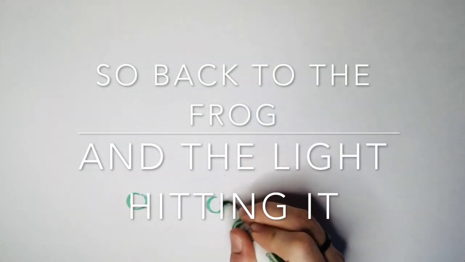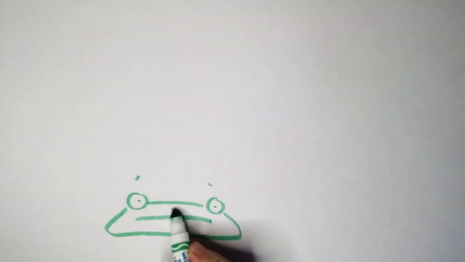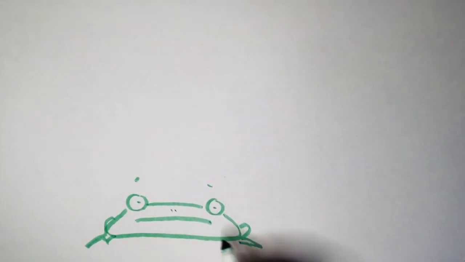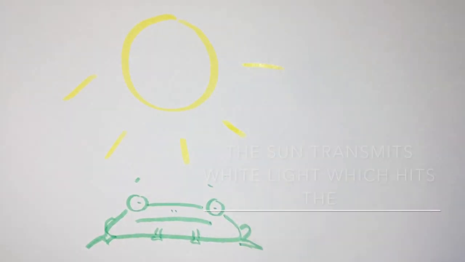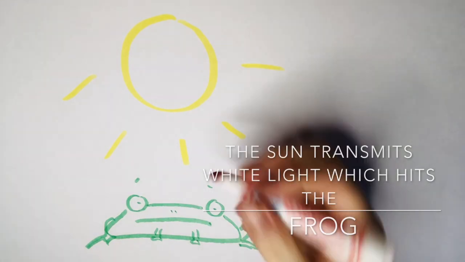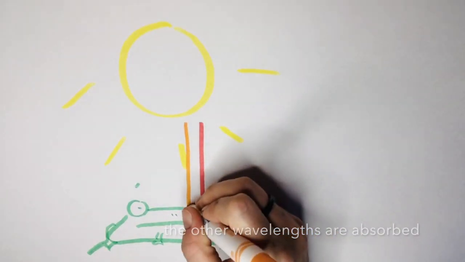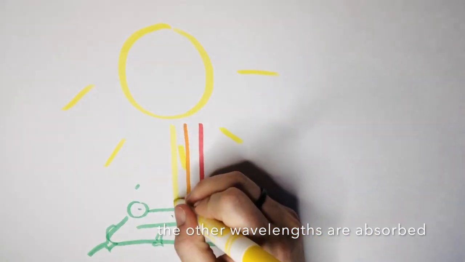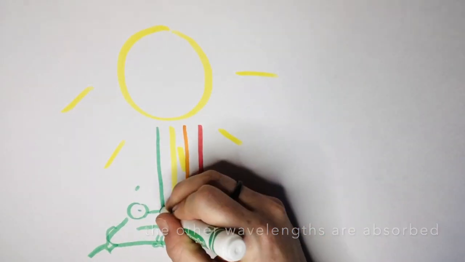So back to the frog and the light hitting it. Now here's our frog sitting in the sun, and he's a toasty boy. Why is he a toasty boy? Because that yellow sun produces white light, transmits white light onto the frog, and all of the wavelengths except for green are absorbed. While the green is reflected, what happens to the other wavelengths?